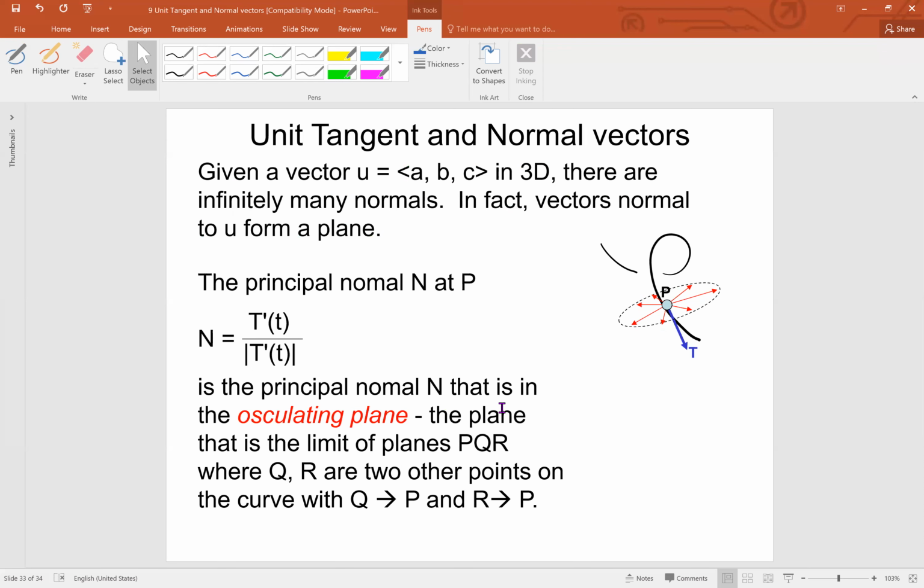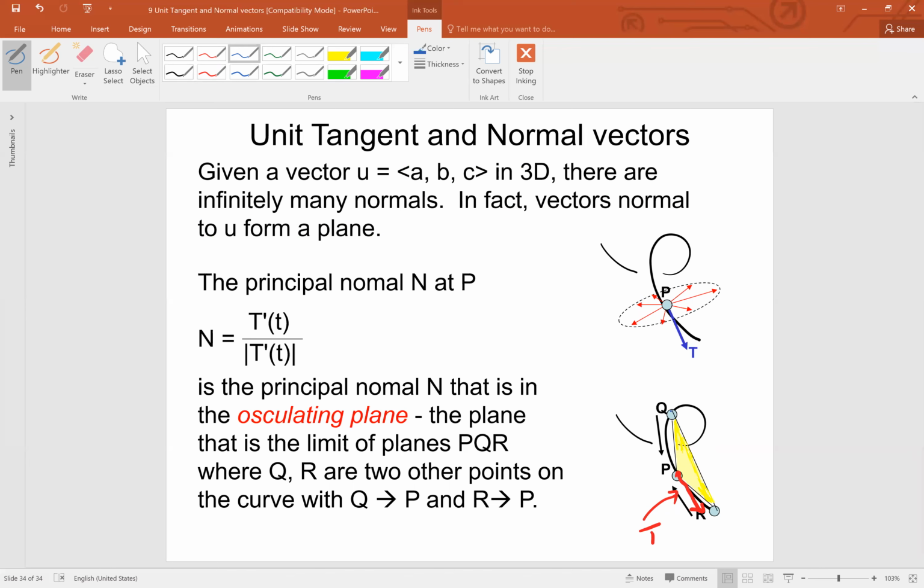The normal always exists in the so-called osculating plane. In other words, here's a picture. Here's a point P and here's a tangent, and I want to find out which unit normal that's perpendicular to the T it's going to be.